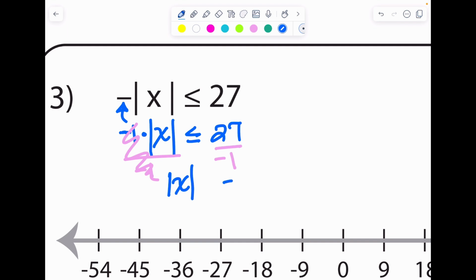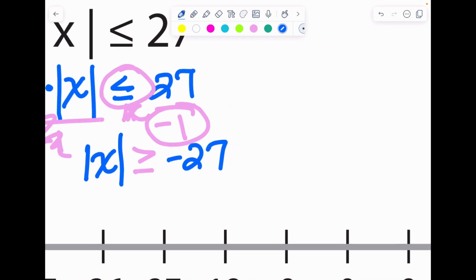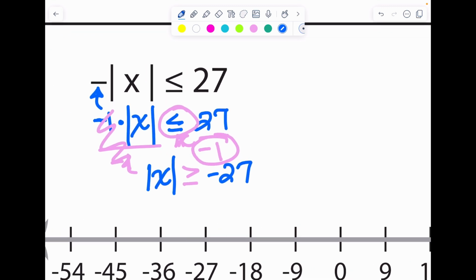On the right side I have a -27, but keep in mind, if I use a negative number to divide, then this symbol right here is going to flip. So this less than is actually going to turn into a greater than. What I notice here is the absolute value of x is greater than or equal to negative 27. Well, guess what?